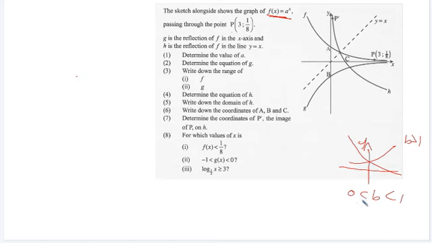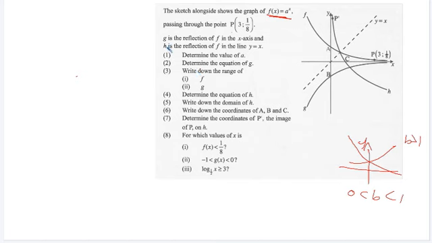So for this one, your b is a proper fraction. And then the question continues saying, g is the reflection of f in the x-axis. There is our g, and this is our x-axis. So this was reflected to give that one. And remember, reflection in the x-axis changes the sign of the y.